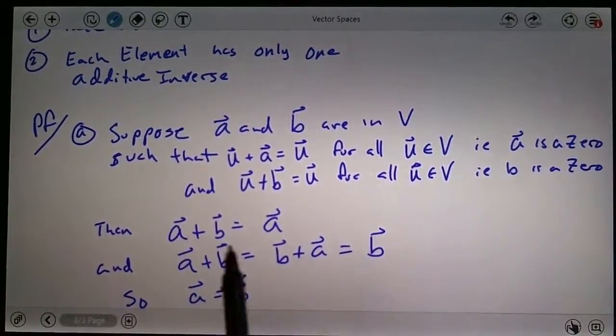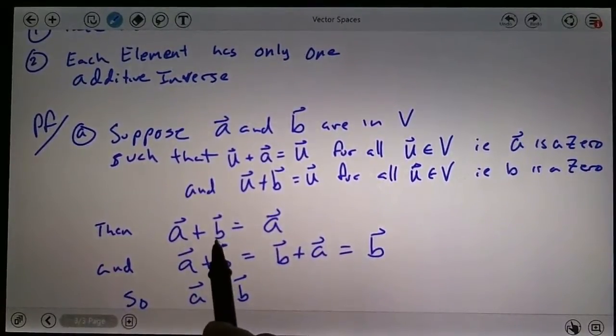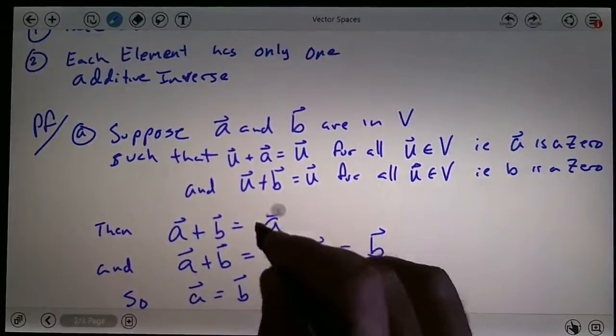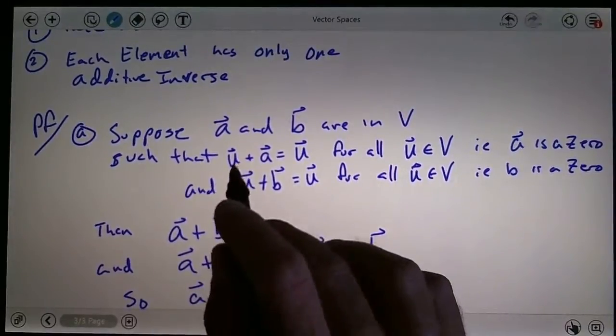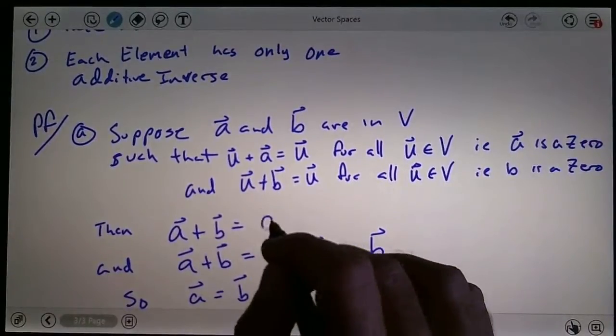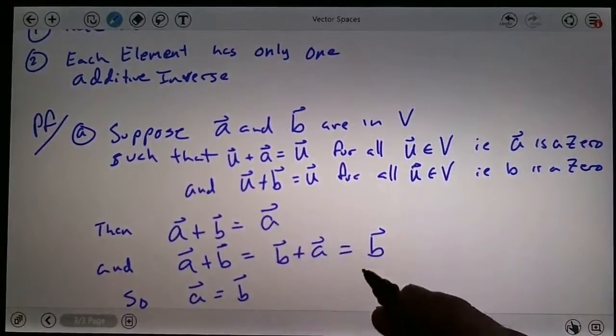Now, take a look at A plus B. I think I have this backwards. A plus B, according to this up here, u plus B is always equal to u. So this should be equal to A right here.